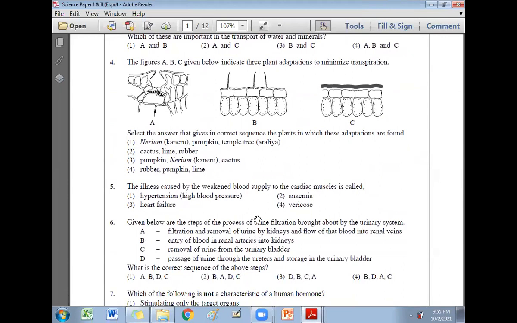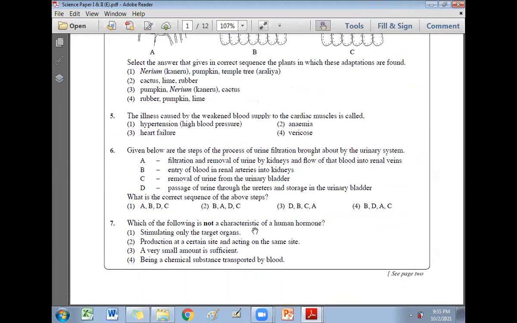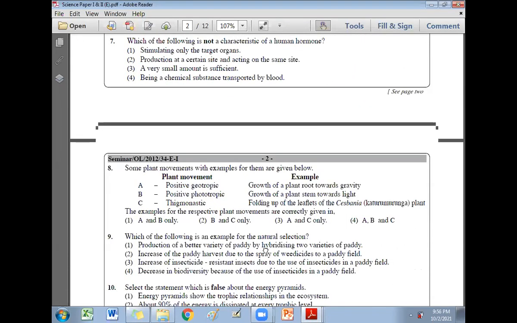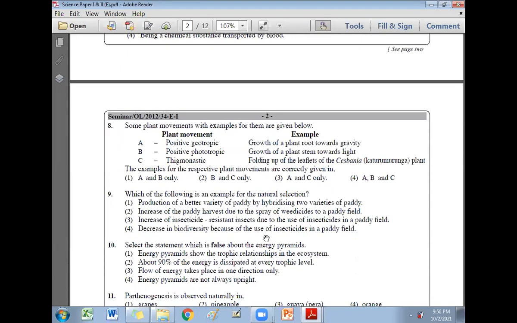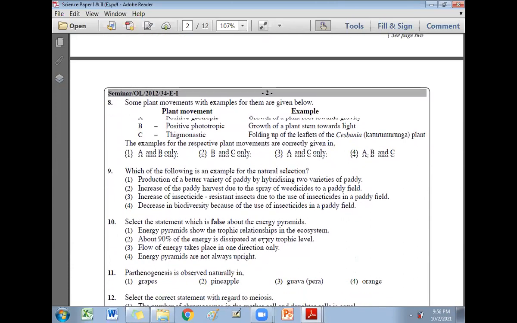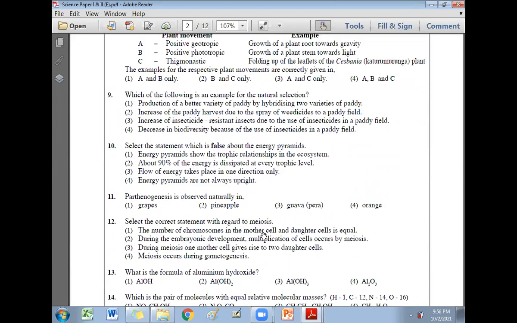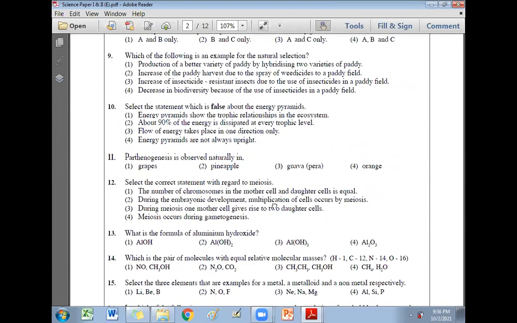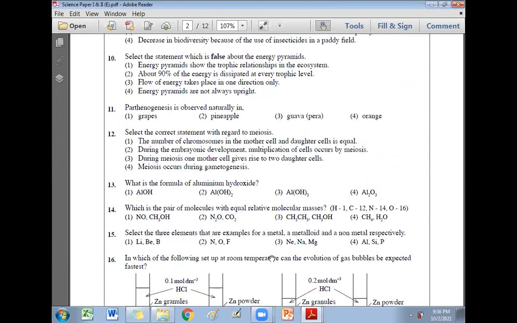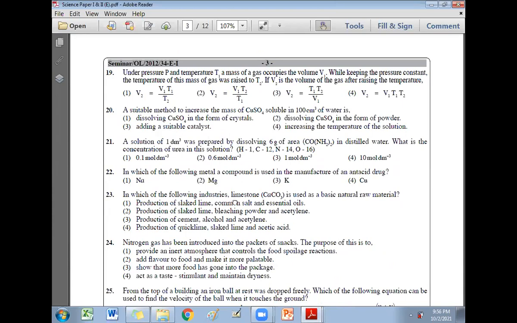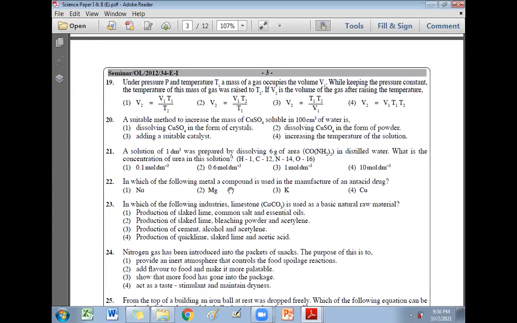Then there are a few more questions you need not do. Question number 8 also not necessary. Question number 9, put across, no need. Then you don't need to do question number 19, no need. This is the 2012 support seminar. Next week I will be discussing them.